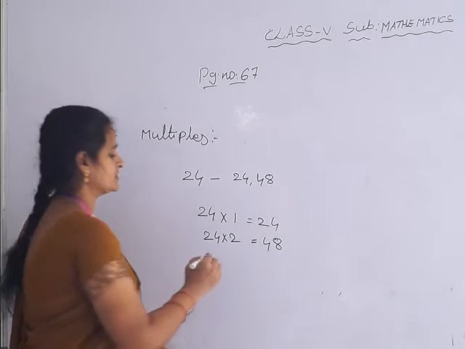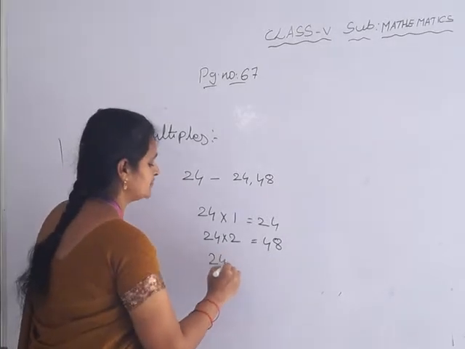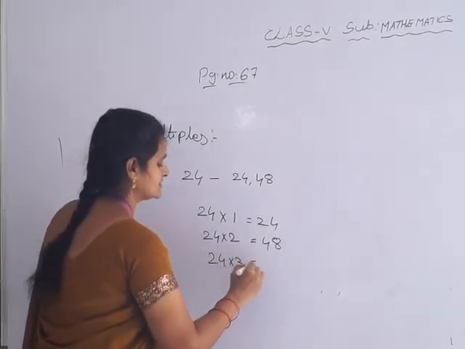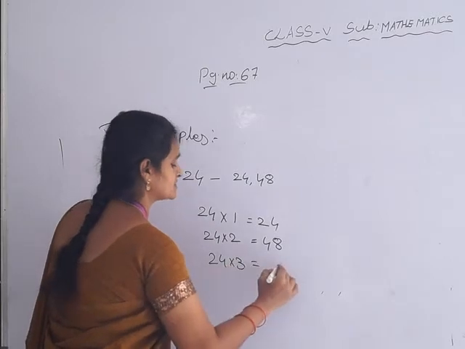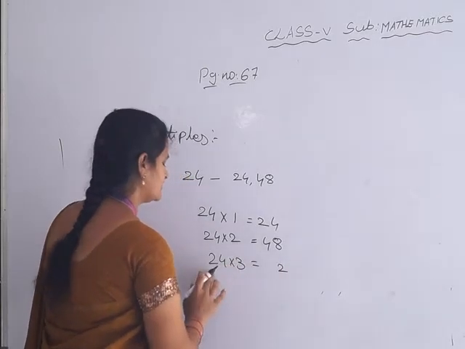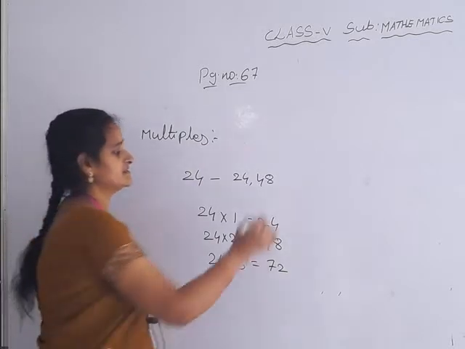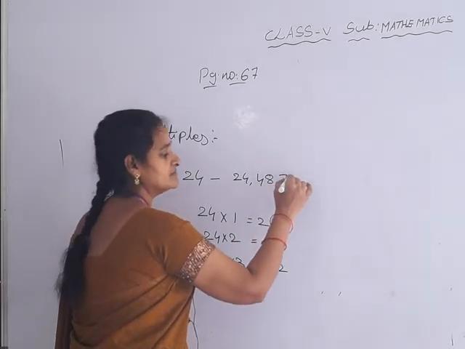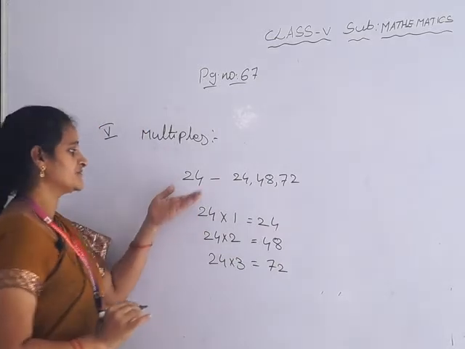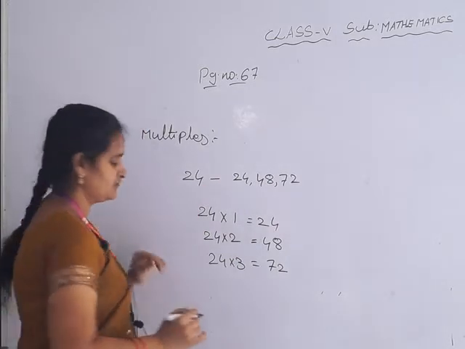The third multiple, 24 into 3, is equal to 72. 72 is the third multiple of the given number, 24.